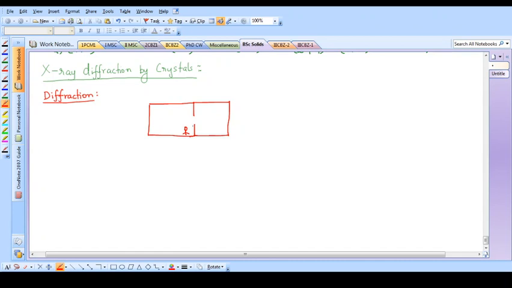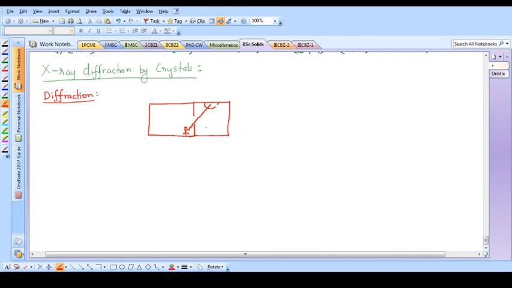If he switches on the light, the light moves in a straight line, and you can see a bright region on one corner of the room and nowhere else. The other portion of the room will be dark. Only one portion of the room where the light falls will be very bright.